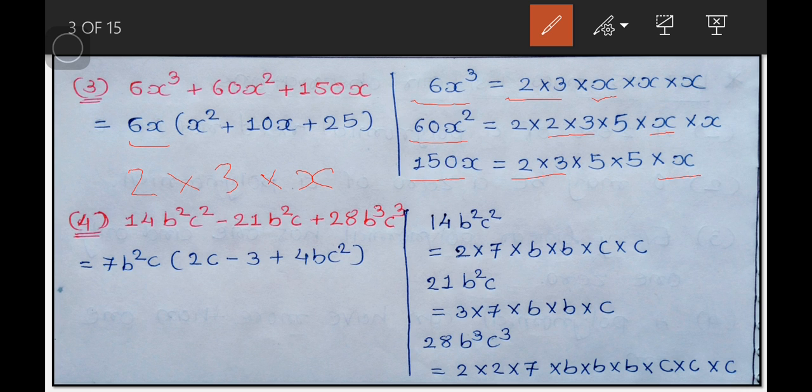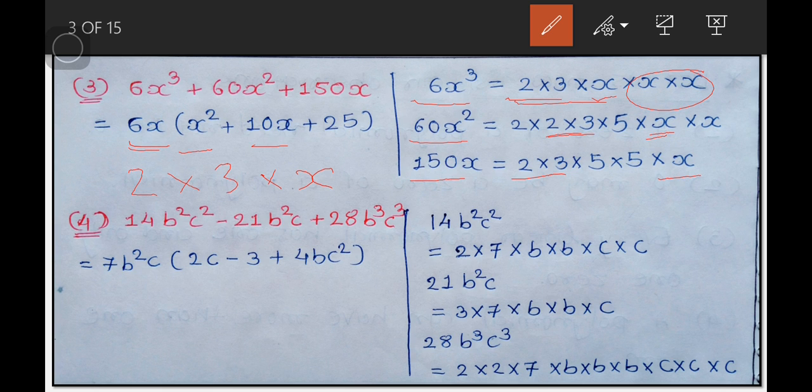First we extract from the first term: if we extract 6x from the first term, then the remaining part is x square. So here we put x square. From the second term, if we extract 6x, then the remaining part is 2 5s are 10 into x. So here we put 10x.